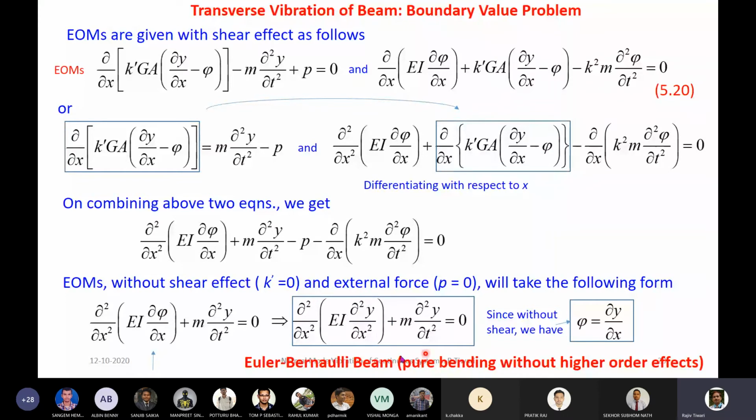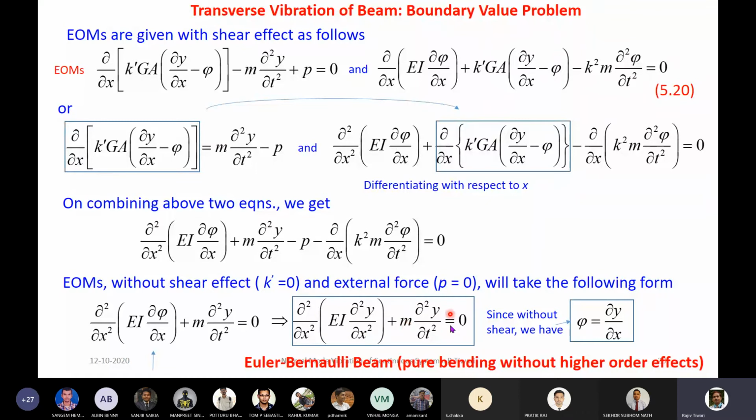This term is as it is. This is the elastic term, because you can see Young's modulus is there. So this is the elasticity term. Here y double derivative with respect to time is there, with m. So this is the inertia term. It's similar to the equations we have in the discrete system, m x double dot plus k x, but this is in the more complex differential equation form.